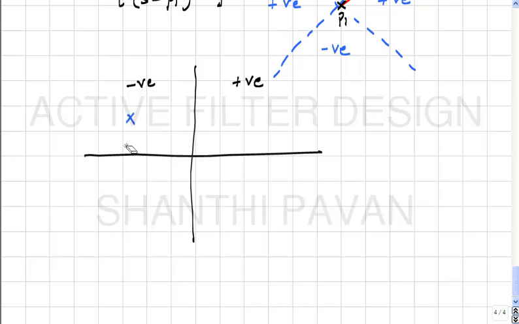Yes, I see so many blank faces. Why can't the pole lie in the left half S plane?